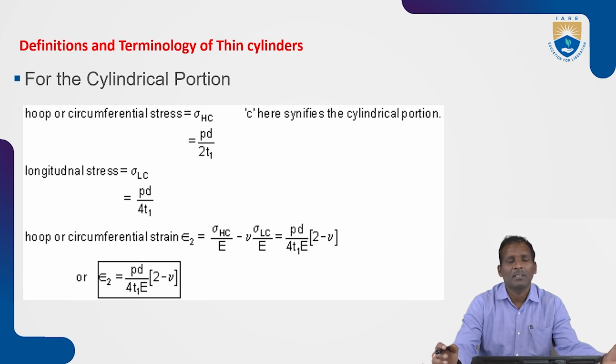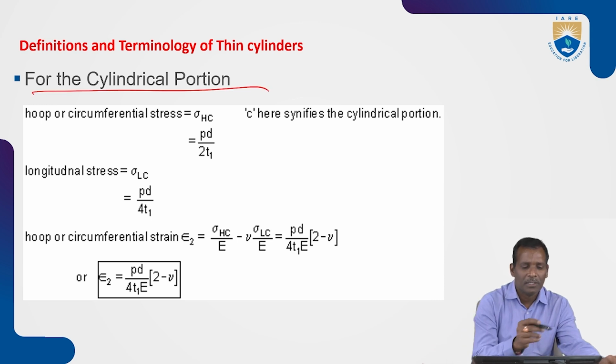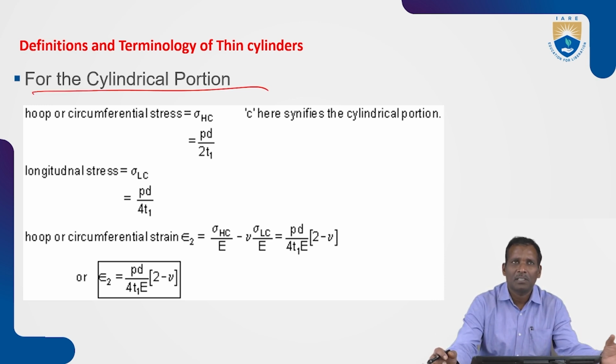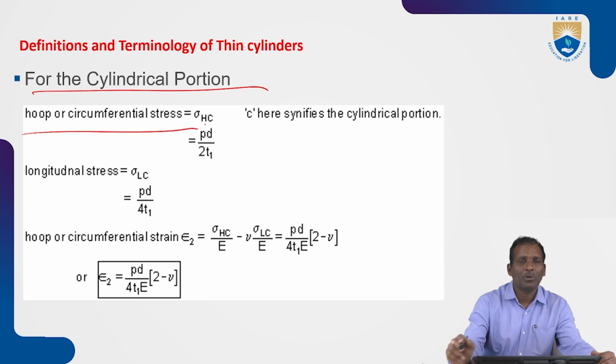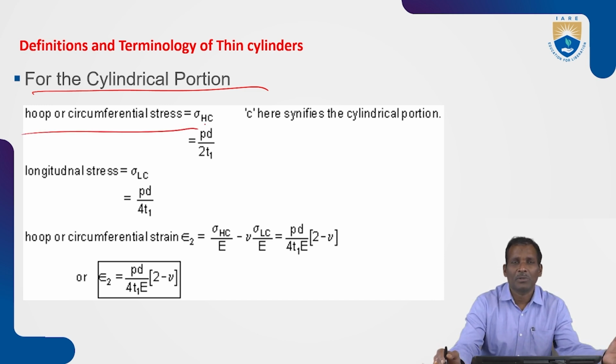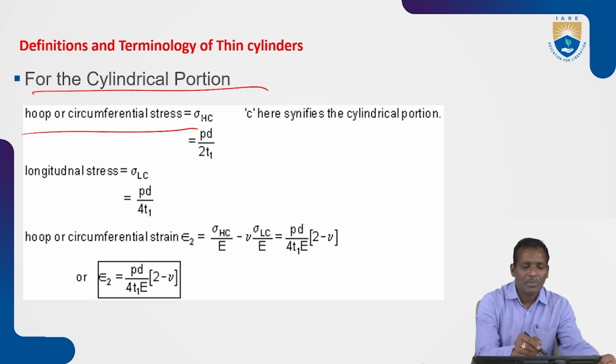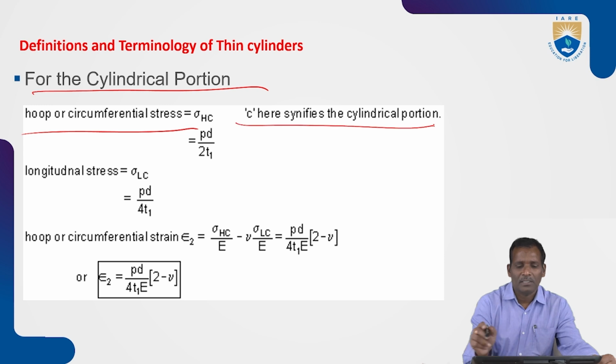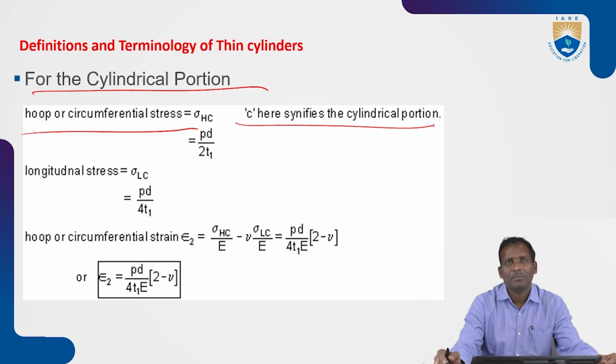Important formulas. For the thin cylinder having a cylindrical portion and hemispherical ends, for the cylindrical portion, the hoop or circumferential stress is sigma_hc, where C signifies the cylindrical portion.